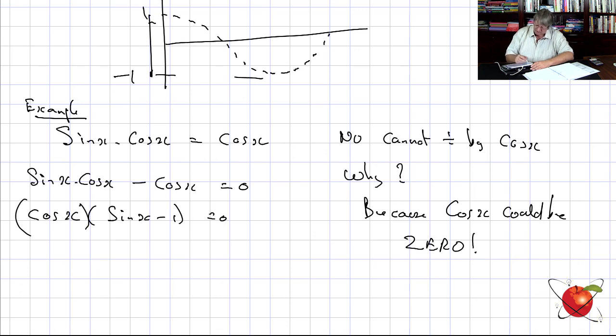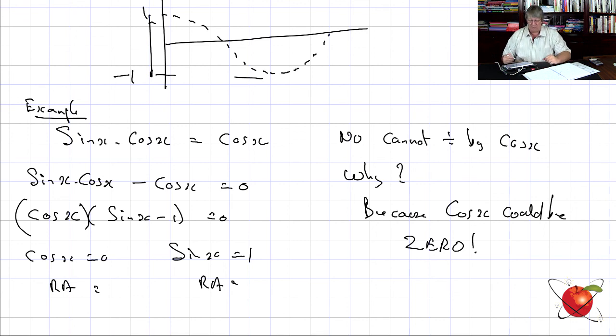Therefore split now, because there's a bracket there, cos x equals 0 and sine x equals 1. This is then the reference angle here, and then you carry on as normal. Reference angle is 90 degrees and you carry on as usual. All right?